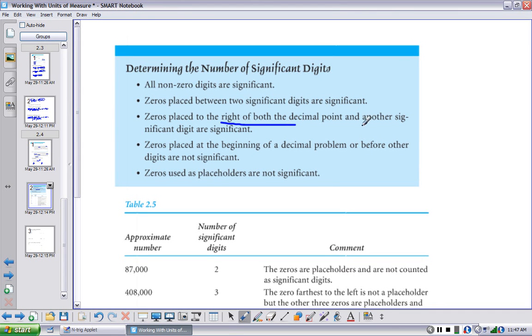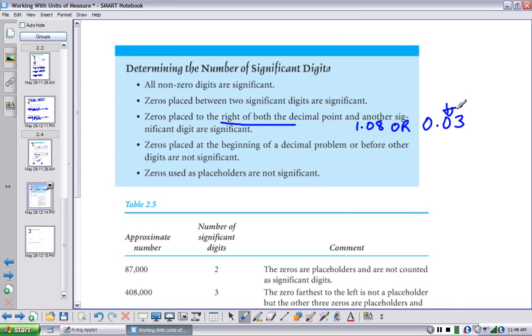That would be something like 1.08. The zero is significant there. Or 0.03. This zero here is significant because it's to the right of the decimal and another significant digit.